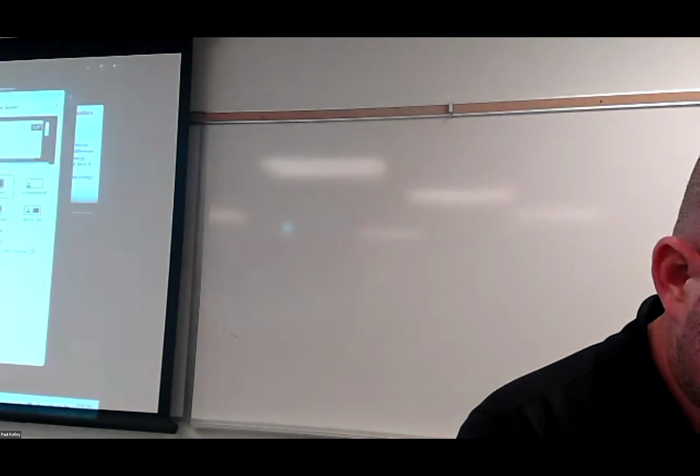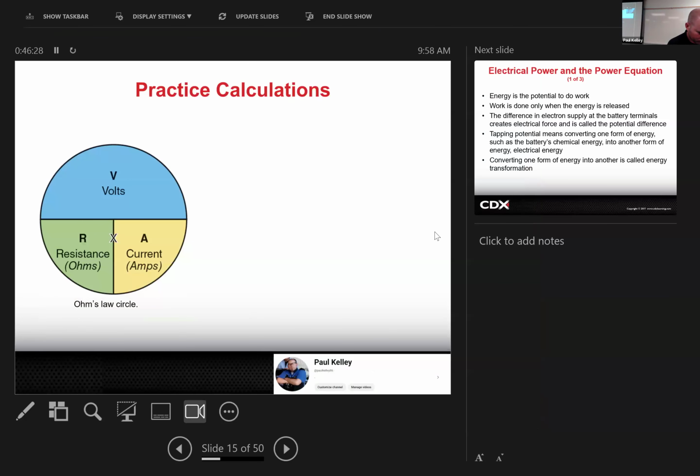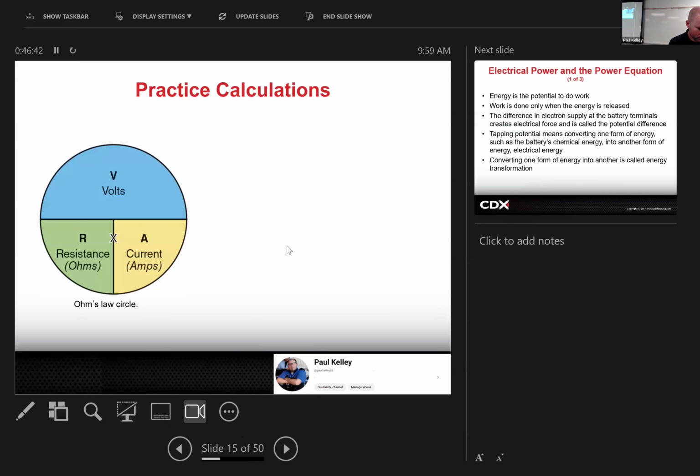Okay, we're still going to share screen 1, share. Keep, minimize. See, well, that might make it a little bit of a bummer, but that's okay.